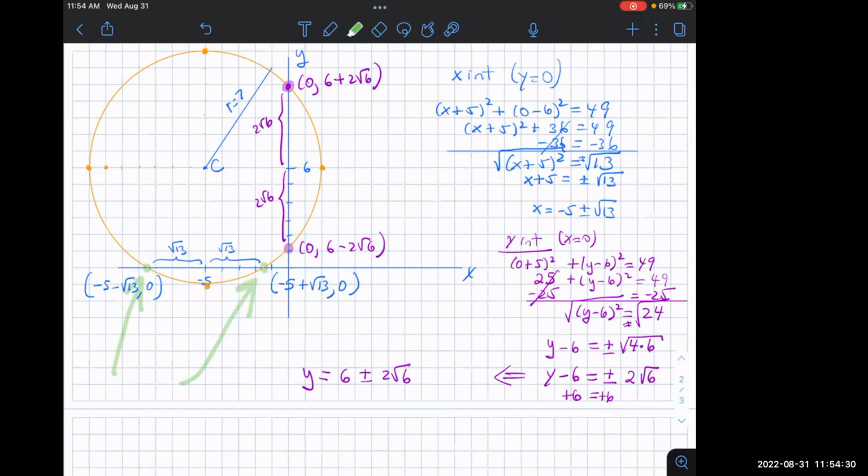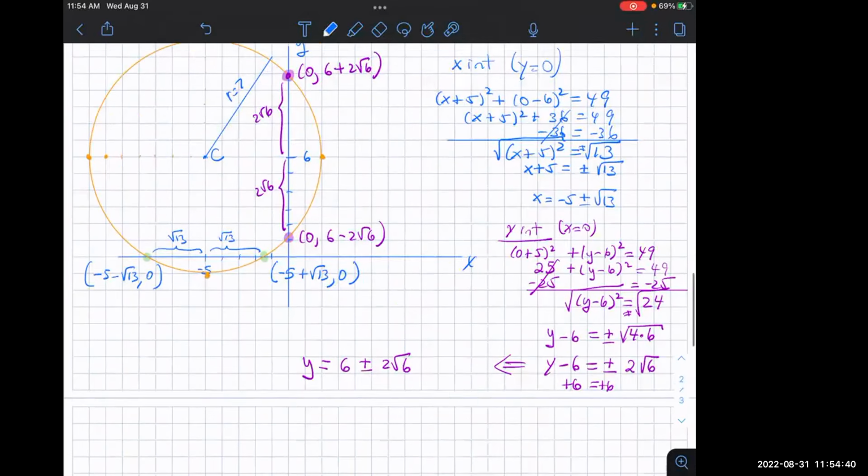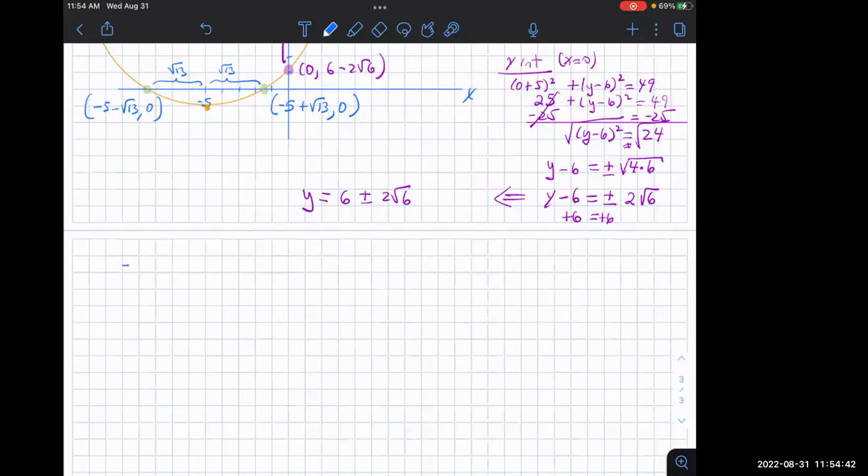And the corners are -5 plus square root of 13 and -5 minus square root of 13. So let's do it on a real line. If you were to plot -5 minus square root of 13 versus -5 plus square root of 13, you see it now? If this is that point and that's the other point, so this must be square root of 13. Okay, cool. Thank you.